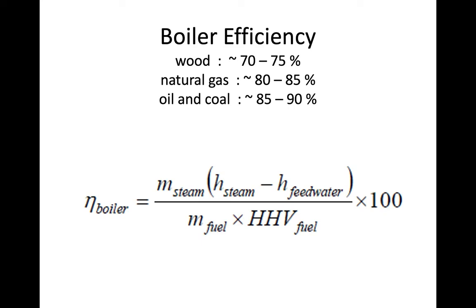When we deal with coal, for example, mostly we use gravity meters to measure the flow rate of coal, and sometimes this gravity meter has low accuracy.